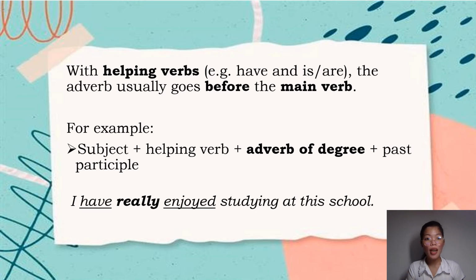The structure is subject plus helping verb plus adverb of degree plus past participle, the past participle of the main verb. For example, I have really enjoyed studying at this school. I is the subject, have is the helping verb, really is the adverb of degree, and enjoyed is the main verb in the form of past participle.